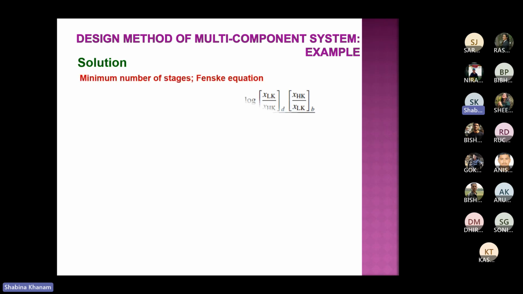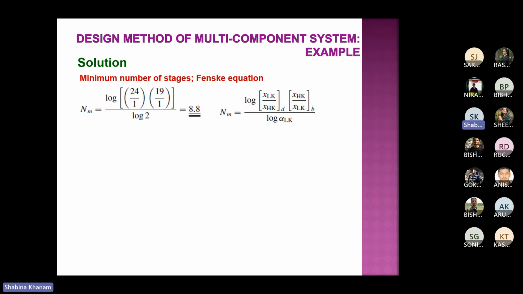So the number of stages, considering all these parameters, we can find as 8.8, and next is to find out the minimum reflux ratio using Underwood's equation, and this minimum number of stages is given as 8.8. What does it mean?